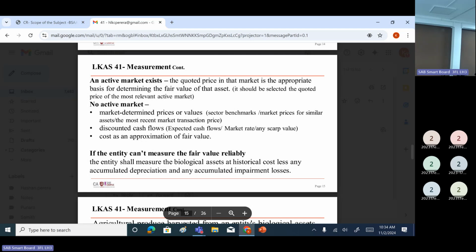Market determined prices or values, discounted cash flow, cost as a fraction of the fair value. Cost approximation, that's really important. What is that? We are making the assumption that cost equals fair value. That's the management assumption. You need to mention that and justify that. Incurred cost equals fair value. So these are the four mechanisms you can get the value.